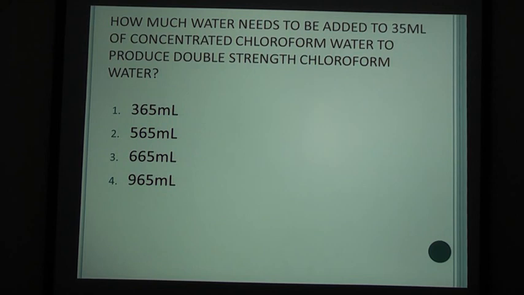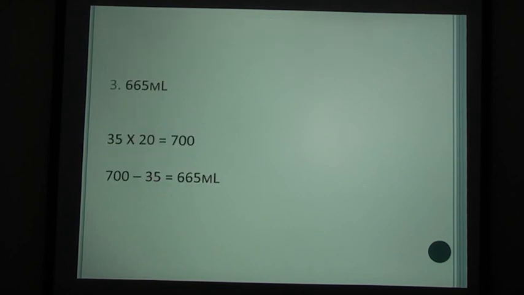Okay, so again here, remembering that the relationship between concentrated and double strength is 1 in 20. So if I've got 35 milliliters of concentrate, I'm going to multiply it by 20 to tell me how much double strength I end up with. From that, I take away the original 35 mils of the concentrate, and that gives me 665 milliliters of water that needs to be added.